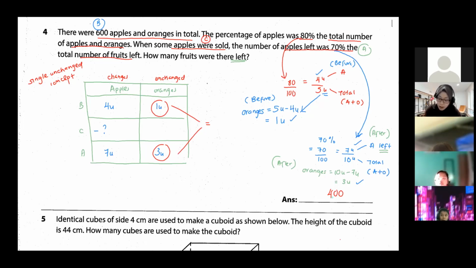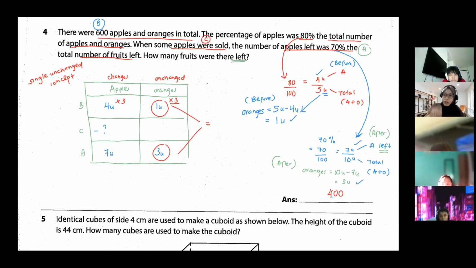That 1 unit suddenly becomes 3 units. So you need to times 3. Whatever you do to a box in a row, the next box in the same row will do the same because they belong to the same before. So whatever happens to the oranges, the apples will be affected as well. Okay, so here I times 3, I get 12 units like this.